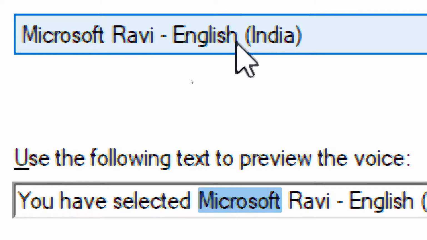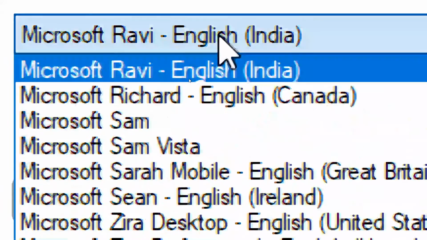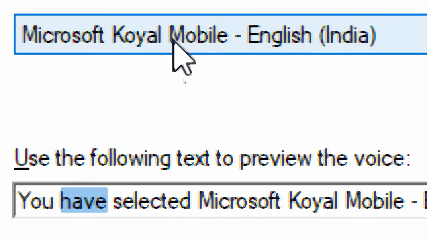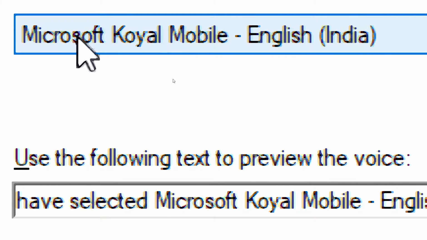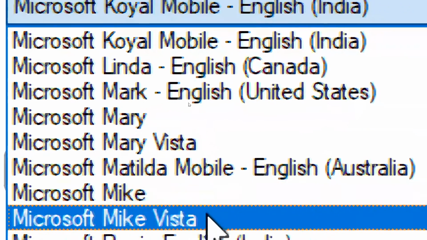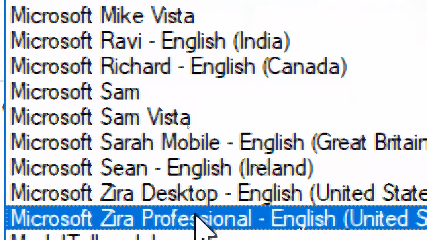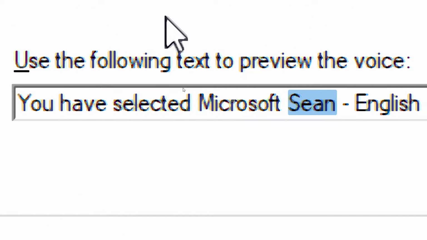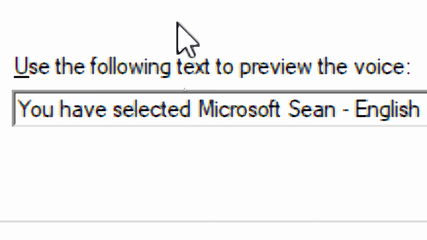You have selected Microsoft Ravi, English, India, as the computer's default voice. You have selected Microsoft Koyal Mobile, English, India, as the computer's default voice. You have selected Microsoft Sean, English, Ireland, as the computer's default voice.